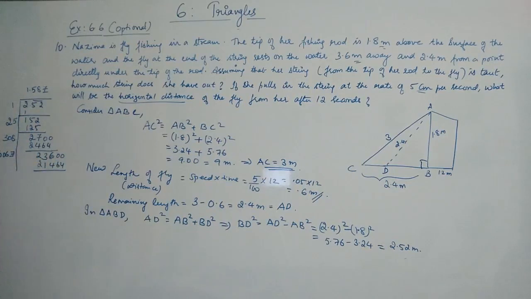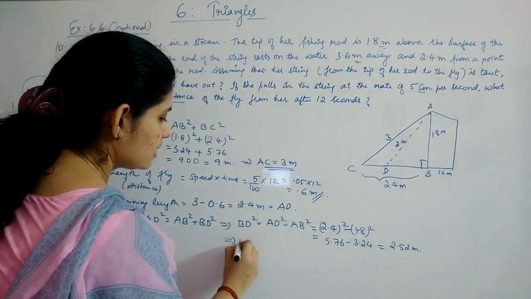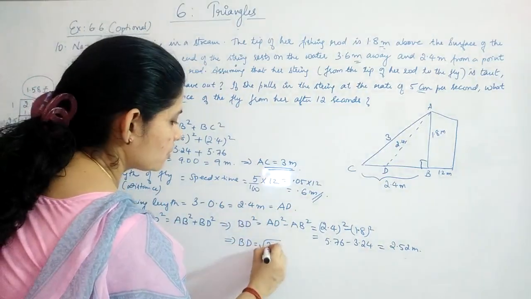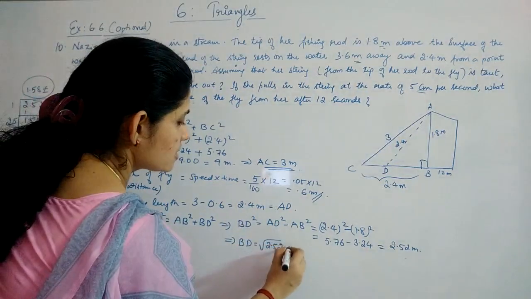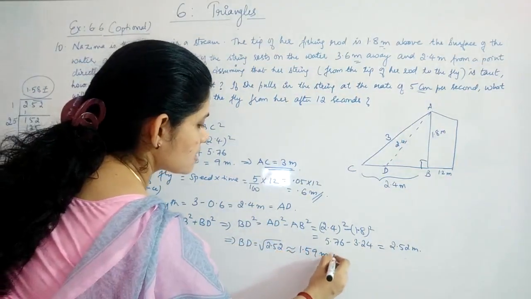Like that it will go. So we need somewhat here. You can just take an approximate value of this, which is 1.59. So from here you are getting BD is equal to root of 2.52, which is approximately equal to 1.59 meters.